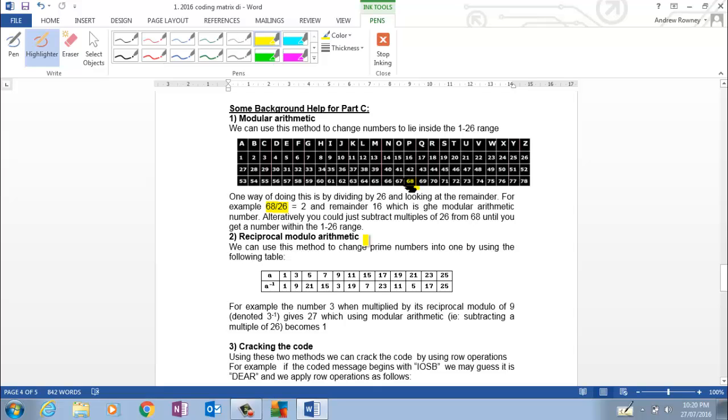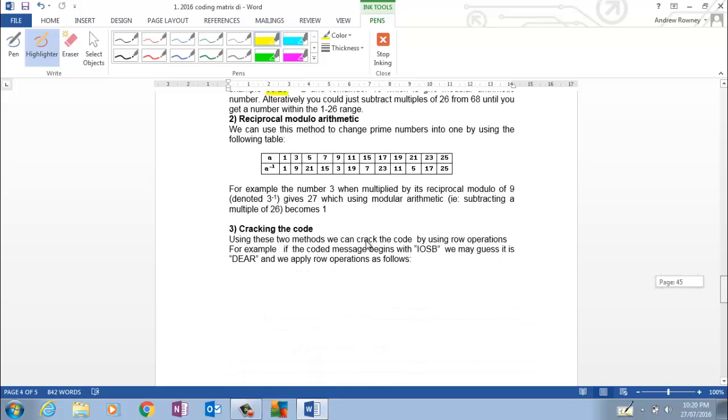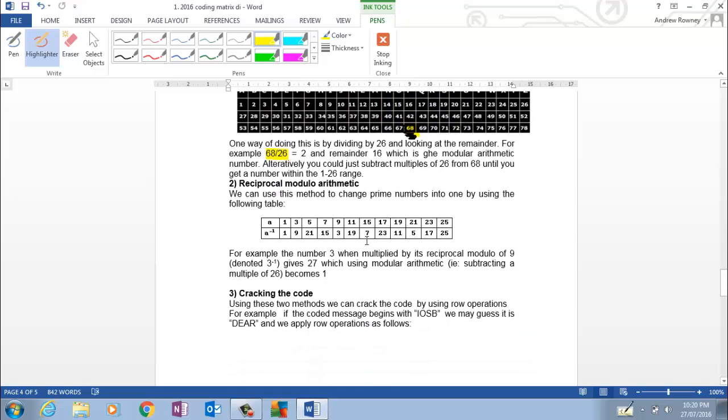Now, reciprocal modular arithmetic is changing a number into 1. So, for example, the number 3, when you multiply by its reciprocal modulo of 9, gives the number 27, which is equivalent to 1.